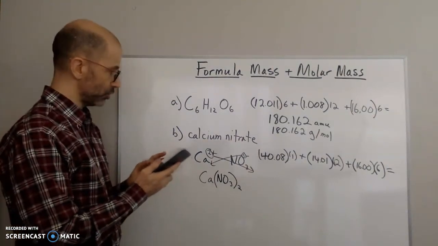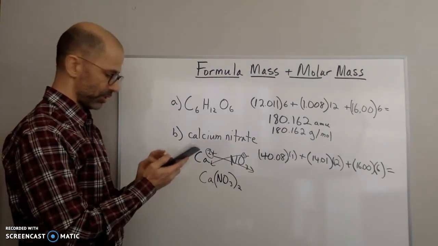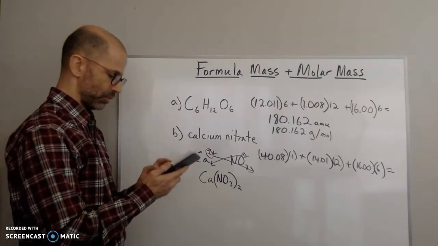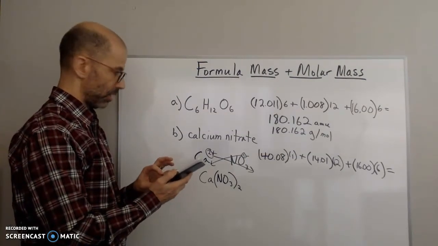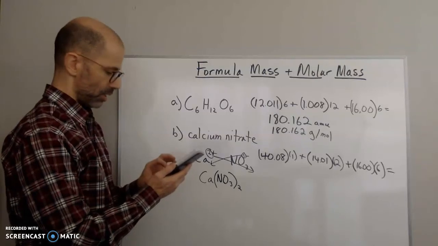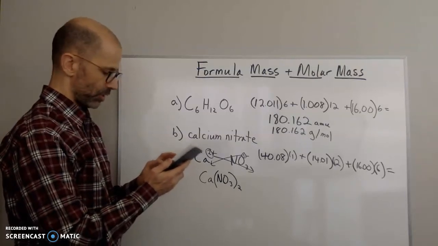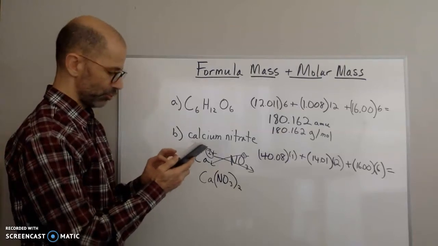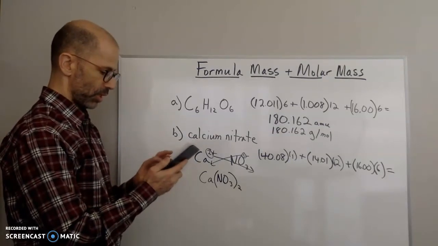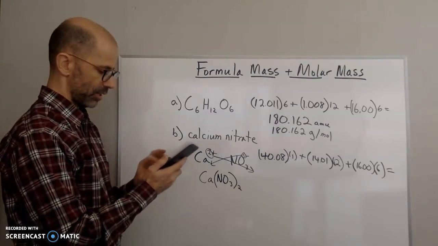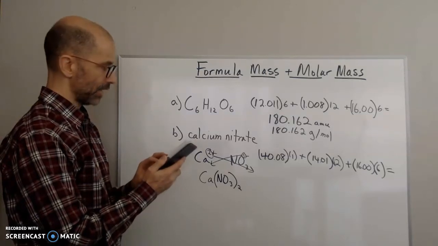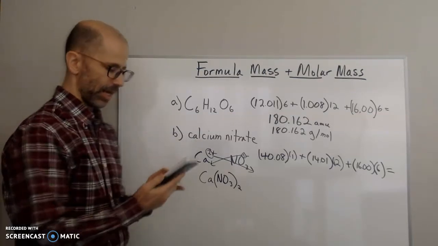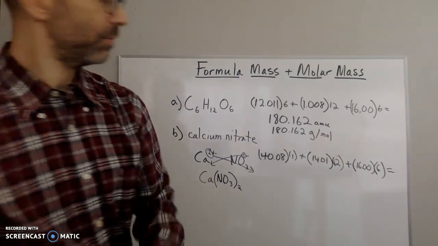So I'm going to do 40.08 times 1. Don't really need to do that, but then I'm going to add 14.01 times 2 plus 16.00 times 6 equals, and I get 164.1.